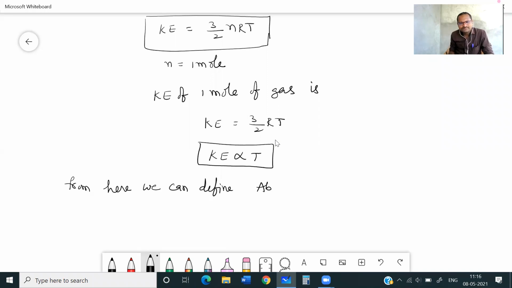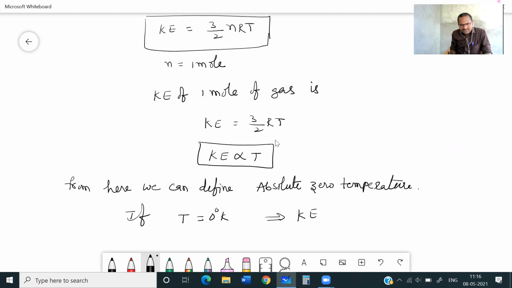absolute zero temperature. What is absolute zero temperature? Absolute zero temperature is the temperature at which gas molecules are in rest position. Means if temperature is equal to 0 degrees Kelvin, not centigrade, then what happens? Kinetic energy of the gas will become 0.